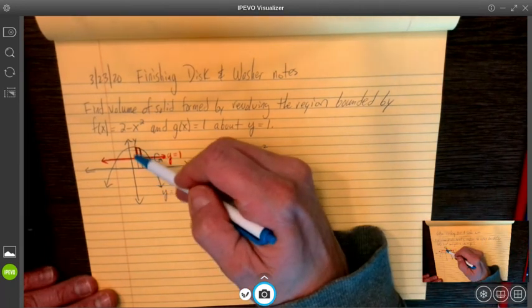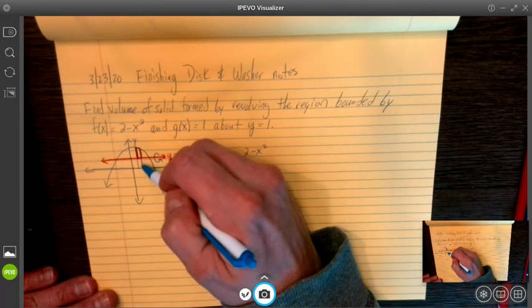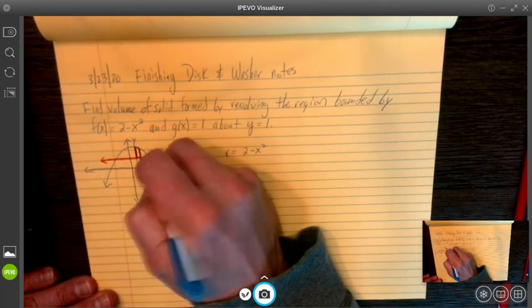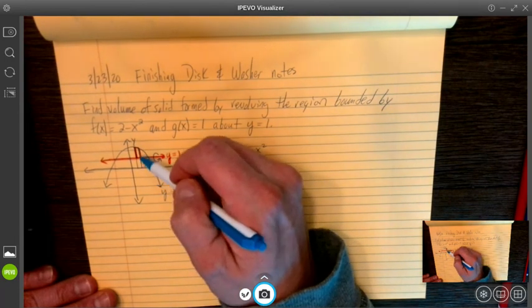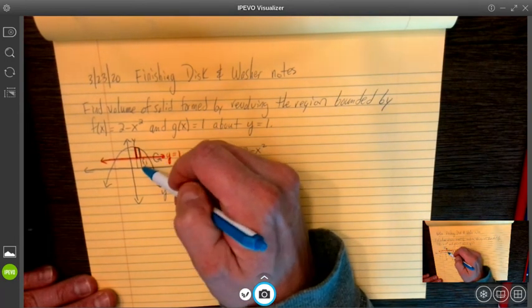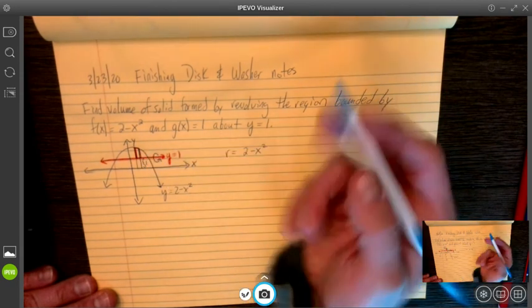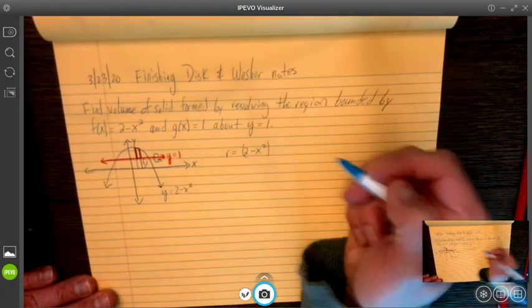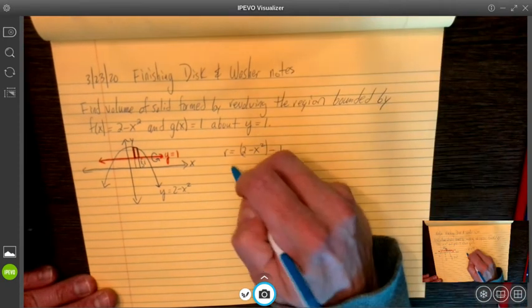From here to here is some y value that is modeled by that curve, and I know from here to here is 1. So how do I find the little red guy here that I want? Well, I'm going to take 2 minus x squared and subtract 1 from it. Okay, so there is my radius.